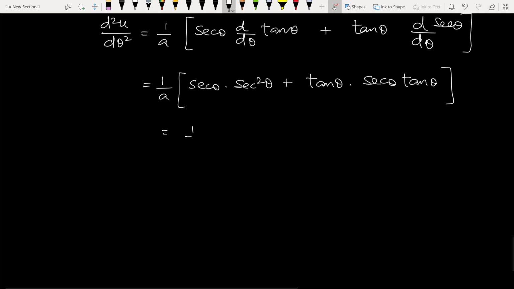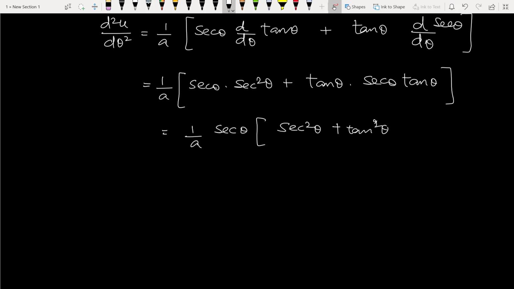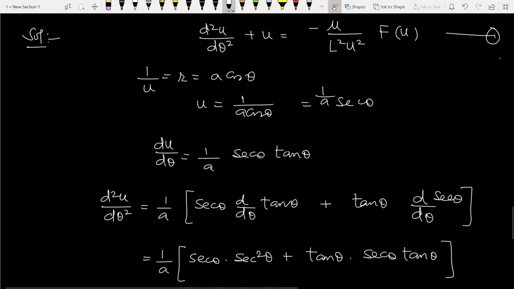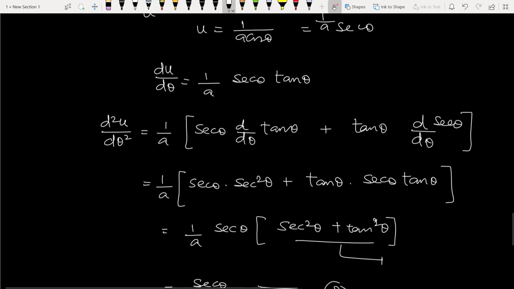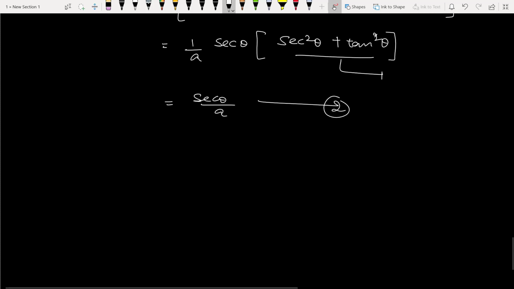So we take secant theta common. Inside we are left with secant square theta plus tan square theta. What is the value of secant square theta plus tan square theta? Yes, this is 1. So we are left with secant theta divided by a. So from the differential equation and equation number 2, what we are left with? Secant theta by a.